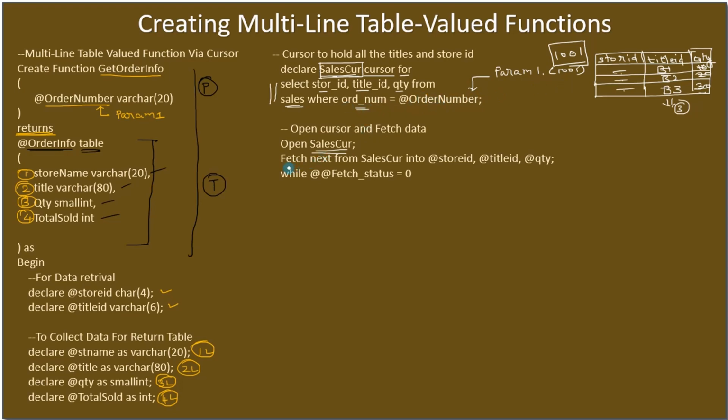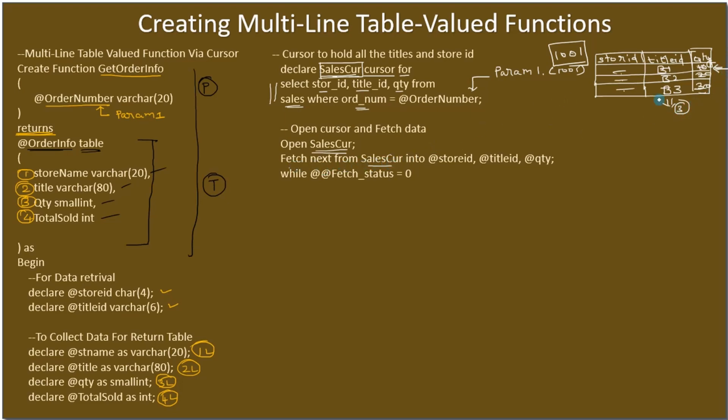So now here we are using the fetch next from sales cursor. This is our cursor, right? Sales cursor. Fetch next from sales cursor into the variable names. So what happens, let's state that we have 3 columns, right? The cursor pointer will be pointing at the very first record.